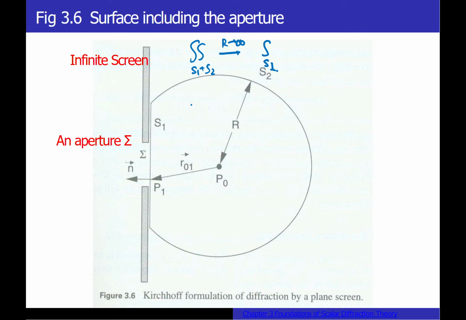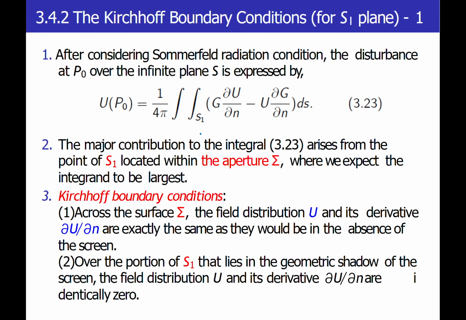But we are going to assume that in this area the field component is 0 because it is in shadow, right? So only S1 comes in. The major contribution to the integral arises from the points of S1 located within the aperture sigma.